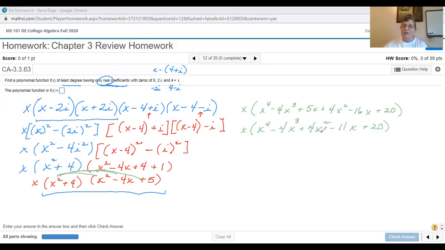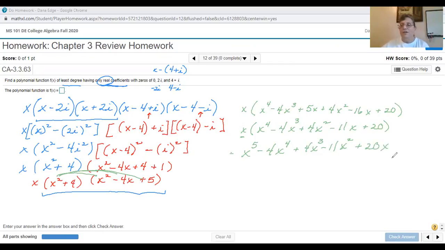And then I'm going to multiply through by this x from the beginning. It's just going to increase all of my exponents by 1, so x to the 5th minus 4x to the 4th plus 4x cubed minus 11x squared plus 20x.